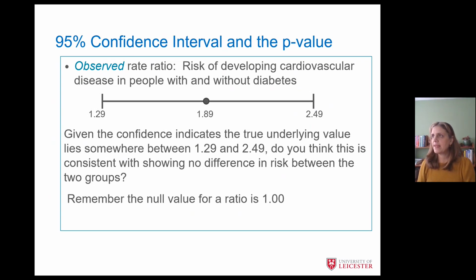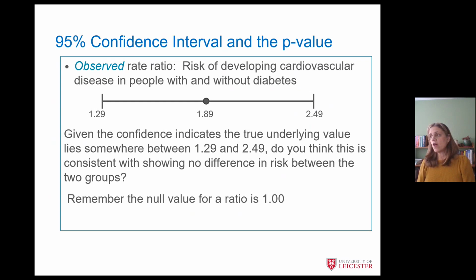So here we've gone back to the example where we've looked at the risk of developing cardiovascular disease in people with and without diabetes. And our observed result in our sample, our best guess of the risk, was 1.89, which shows an increased risk of CVD in people with diabetes compared to those who don't have diabetes. And the 95% confidence interval for this went from 1.29 to 2.49.